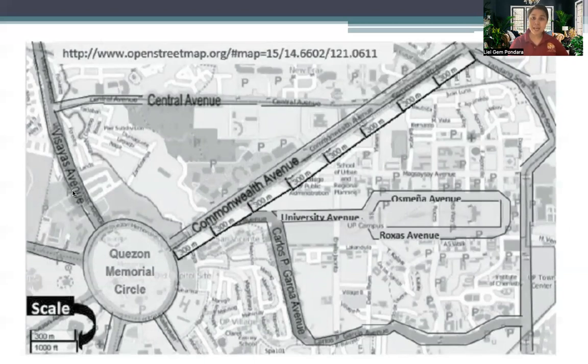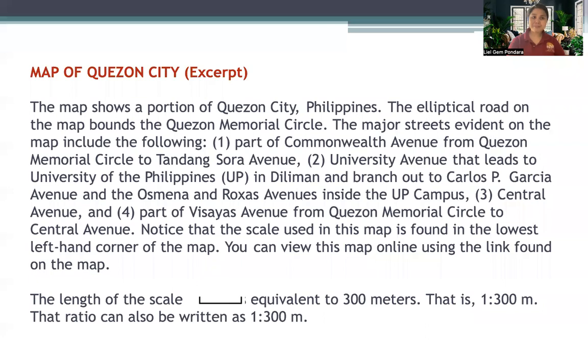In this sample map, there is a note at the bottom left, scale. For every this one, it would mean 300 meters. Let us have this excerpt of the map of Quezon City. The map I showed you a while ago is a portion of Quezon City in the Philippines.